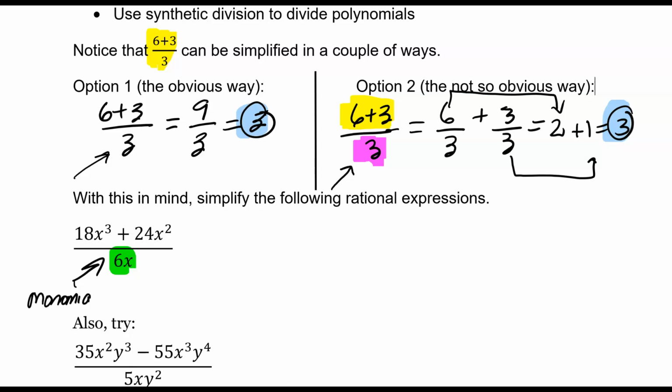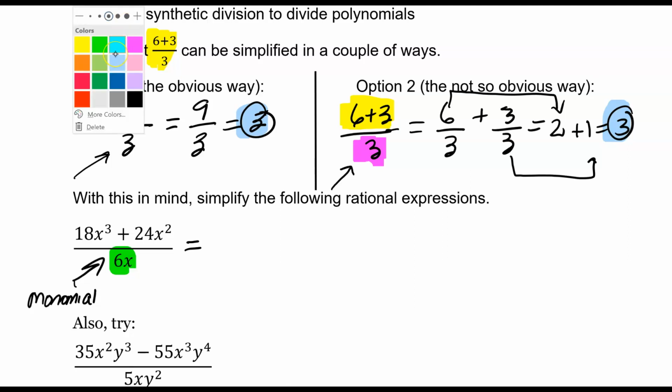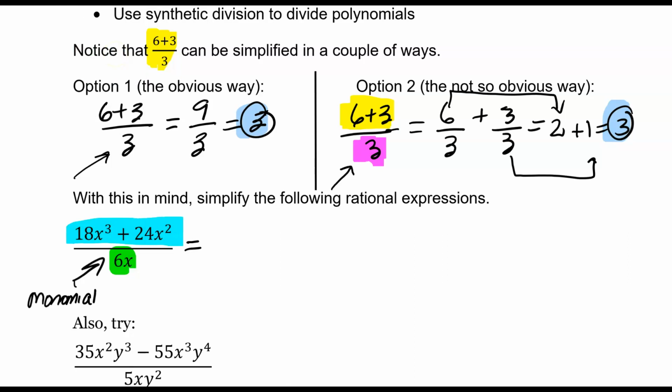In that case, we can divide each term in the numerator by 6x. So as long as you're dividing by a monomial, one term, you can divide 18x cubed by 6x, come back and simplify that, and divide 24x squared by 6x.